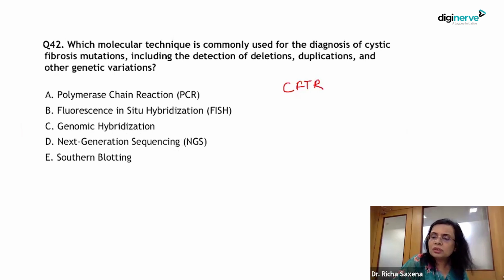So how do you test that? That is through next generation sequencing, because this will give you the complete structure of this gene and you will be able to see if there are any deletions, duplications, or any other genetic variations which are there.